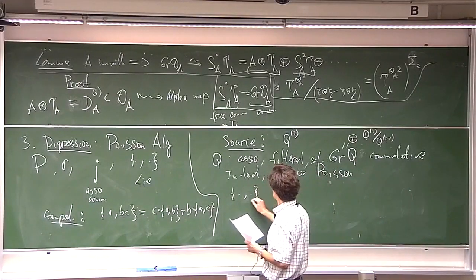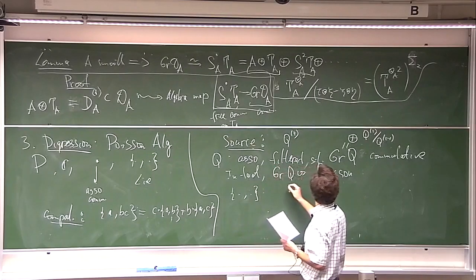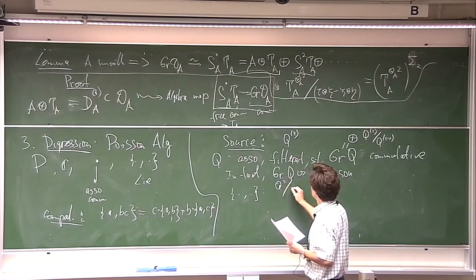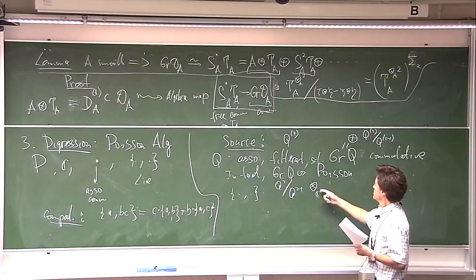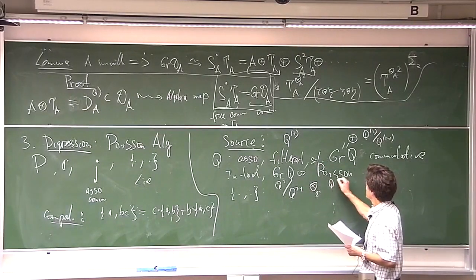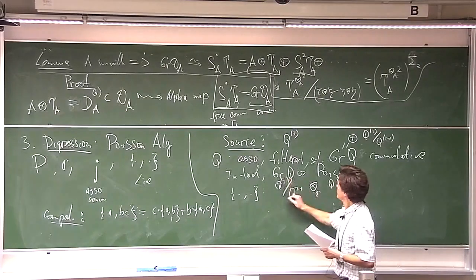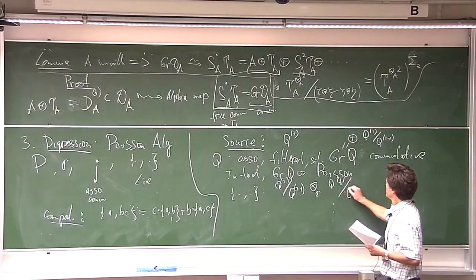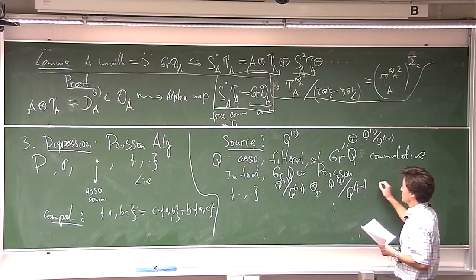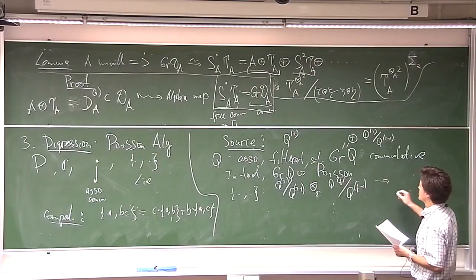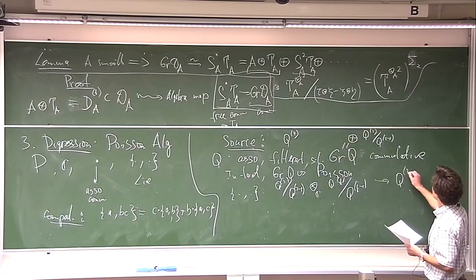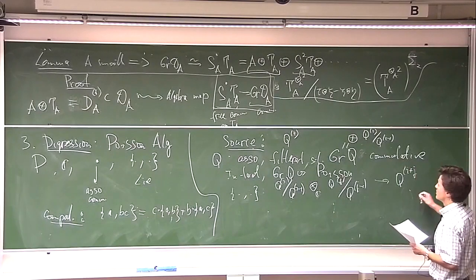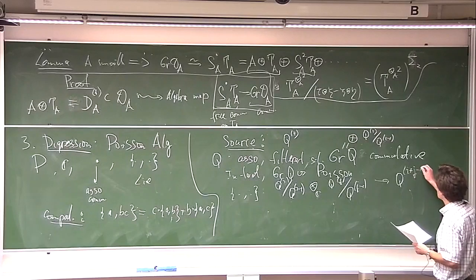And so we define the bracket that sends the ith component times the jth to the component number i plus j minus 1.